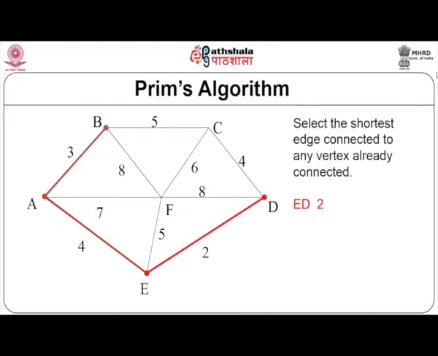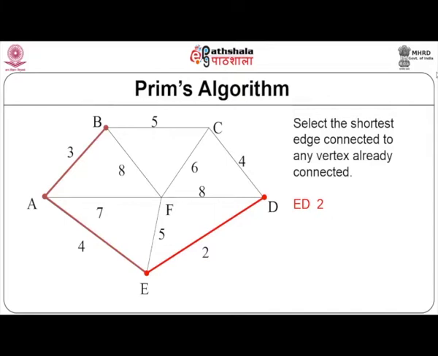So, now you have selected ED. Now, you have A, B, E and D selected. Now, you have to select the edge connected to any vertex already connected. To B you have 5 and 8, to A you have 7, to E you have only 5, the other edge you have already considered. To D you have 4, 6 and 8. So, obviously, which is the one you will select?